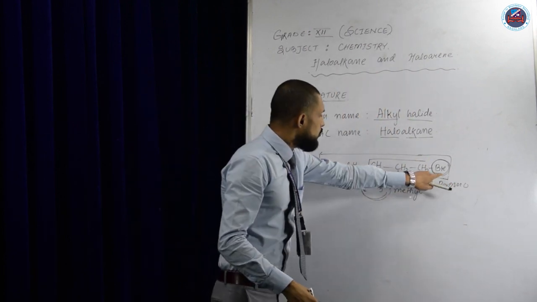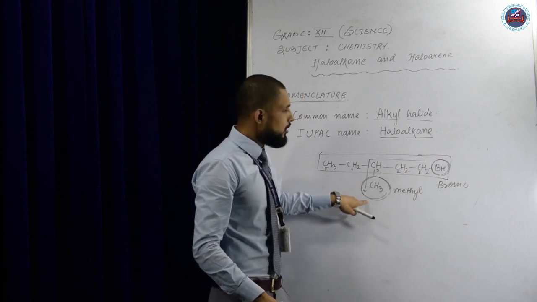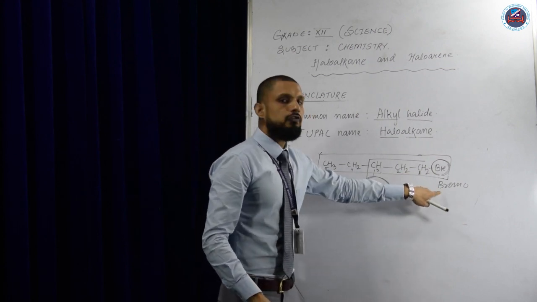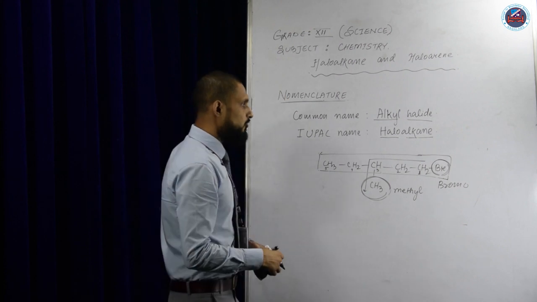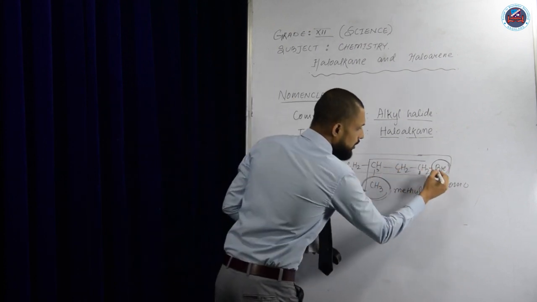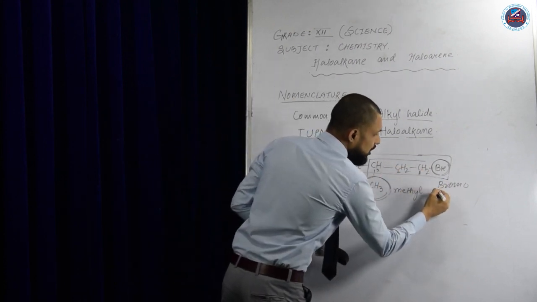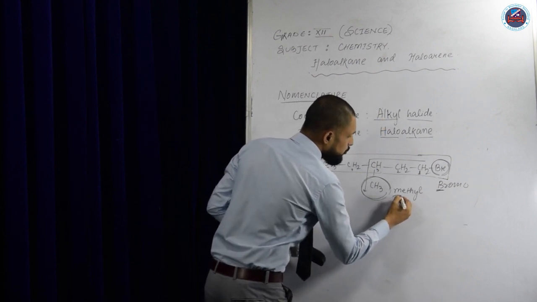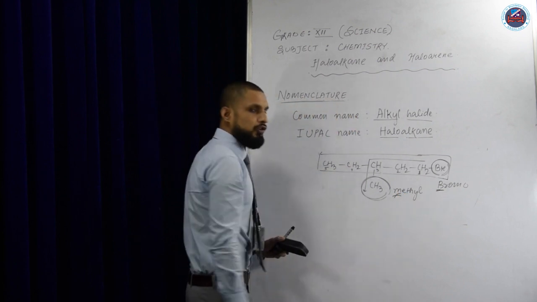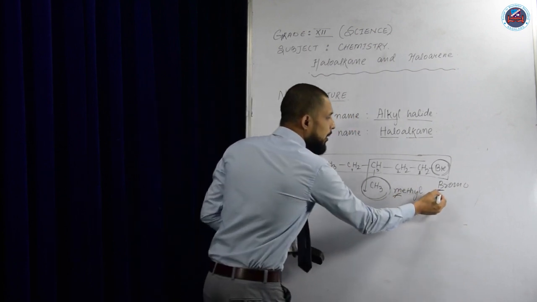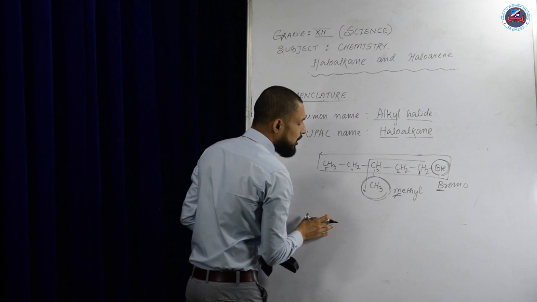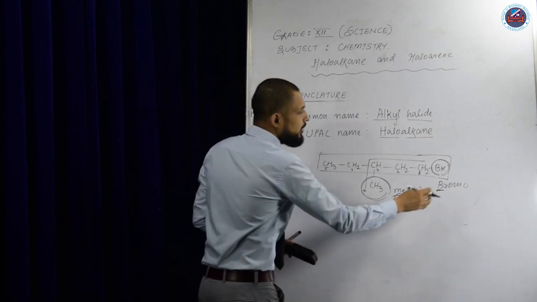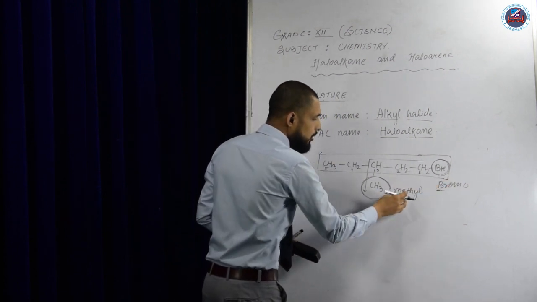Since we have 2 substituents, we will follow the alphabetical order. Now what is alphabetical order? You see here, bromo starts with B, whereas methyl starts with M. So when we check the alphabet, B comes before M. So while writing the name, we'll write bromo before methyl.